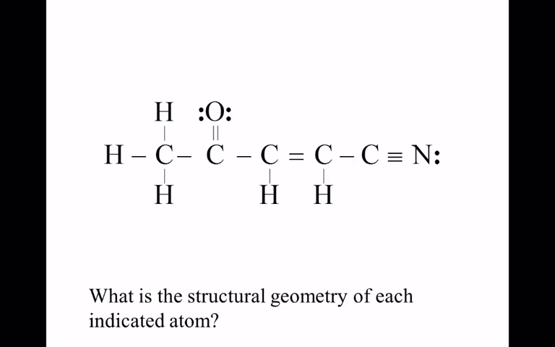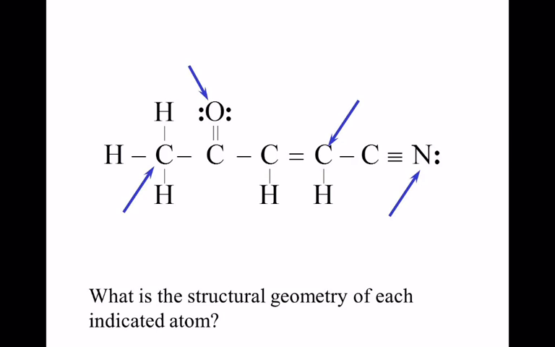All right. On your test, you're going to have a structure kind of like this, and I will ask you questions about atoms. For instance, we're going to go counterclockwise, starting with this carbon over here.